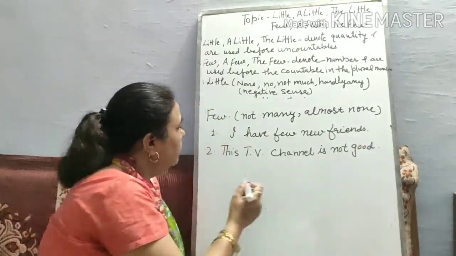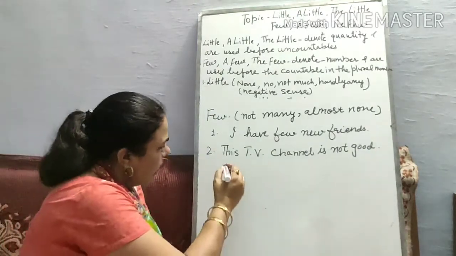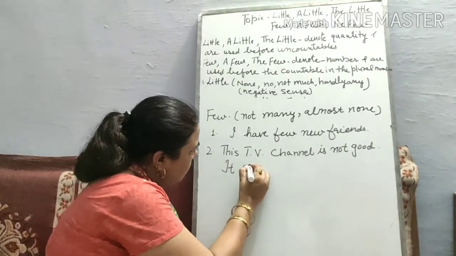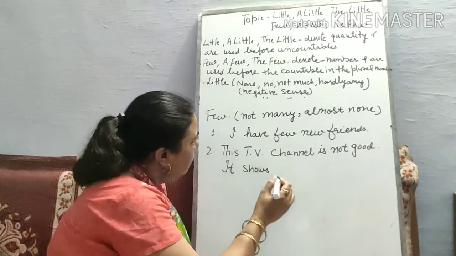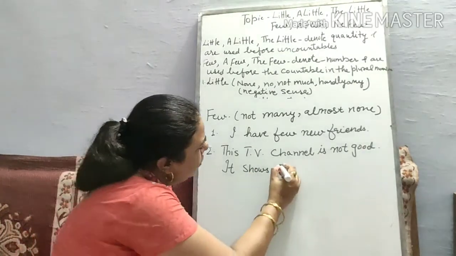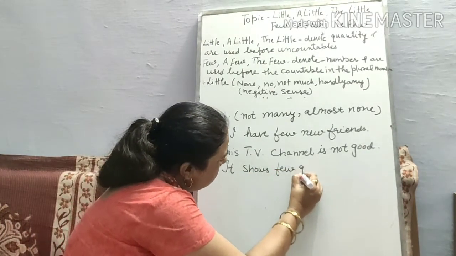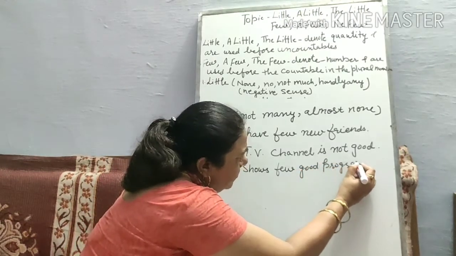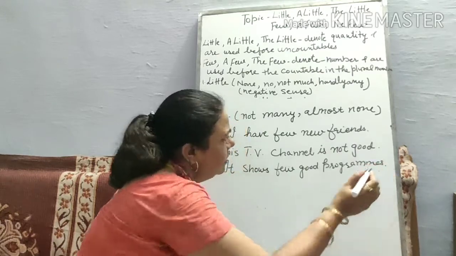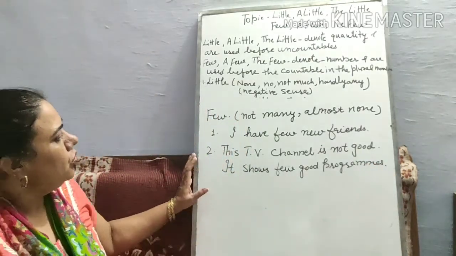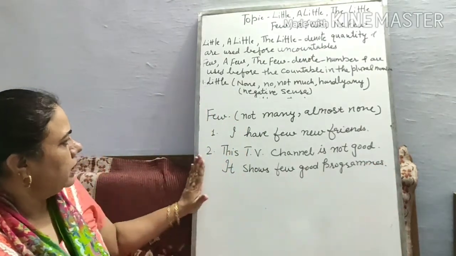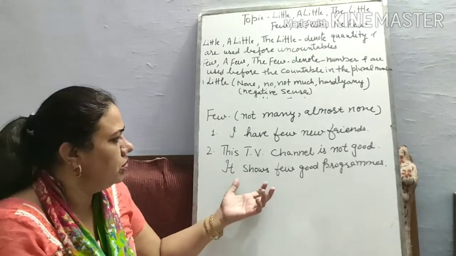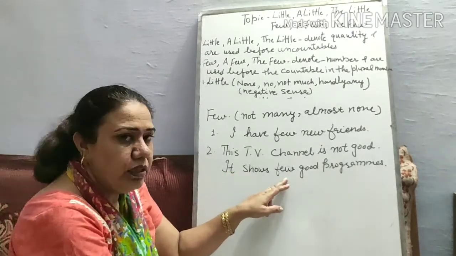It shows very few good programs. So you can understand the meaning. Shows few good programs for that. This few we count for number.